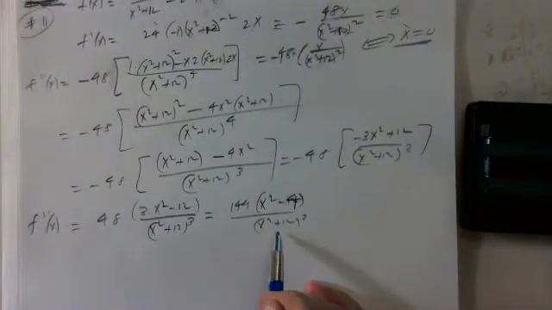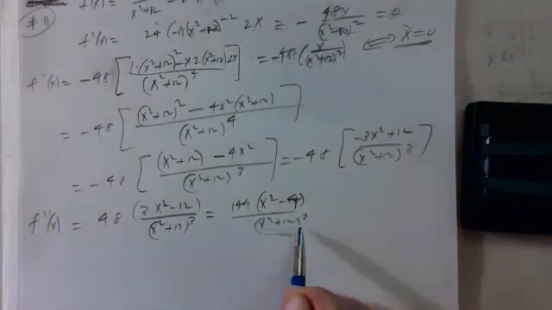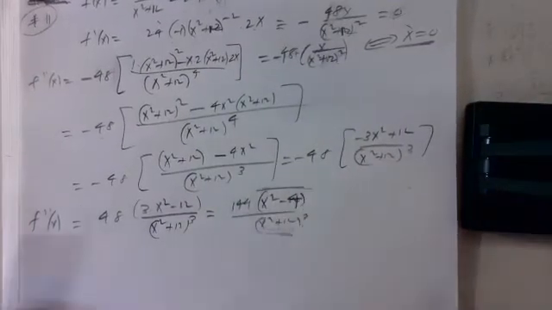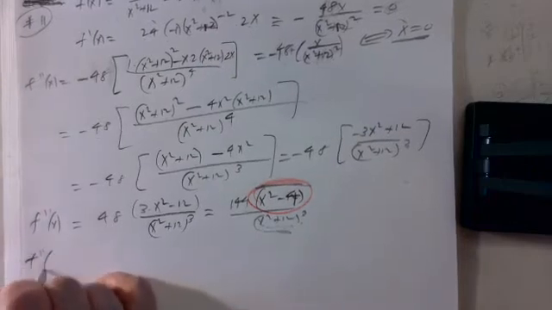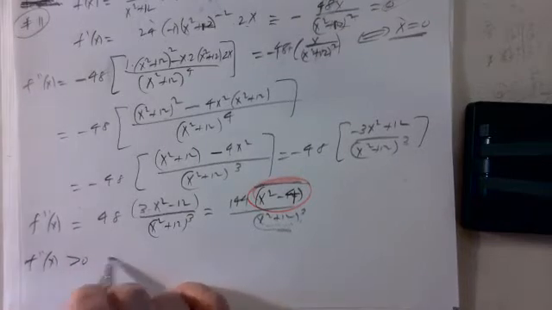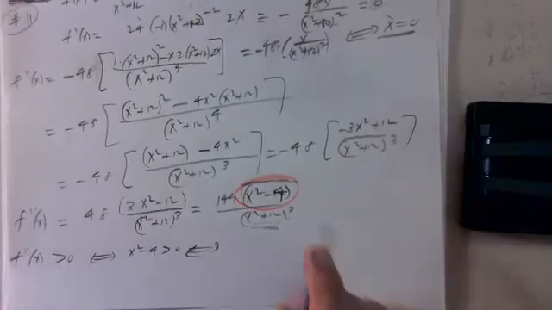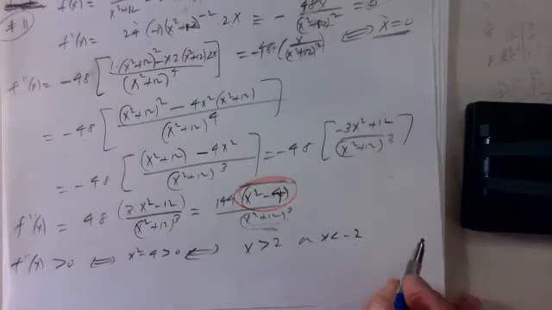Now, this is always positive. X squared plus 12 is positive. A positive number cubed is positive. 144 is positive. So the sign of this is completely determined by the sign of x squared minus 4. So f double prime is positive if x squared minus 4 is positive, which means x is either bigger than 2 or x is less than negative 2.